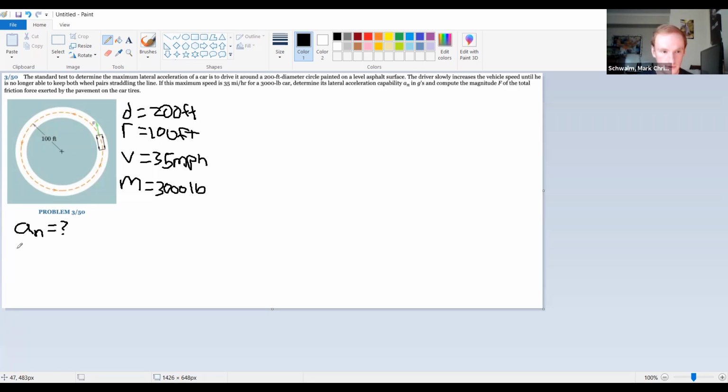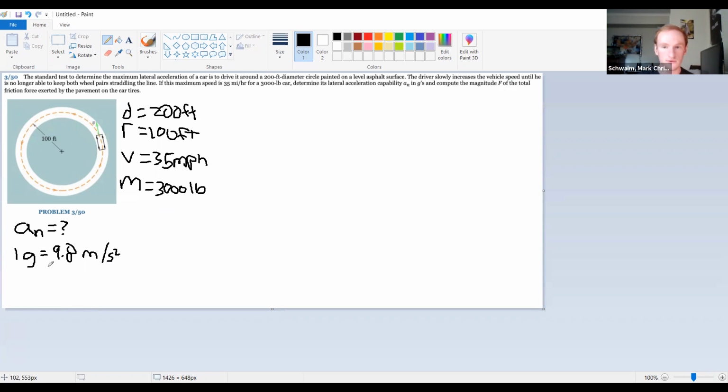If you remember, 1G is equal to 9.8 meters per second squared. But we are going to be dealing with pounds, miles per hour, and feet, so it looks like we're going to need a different unit.